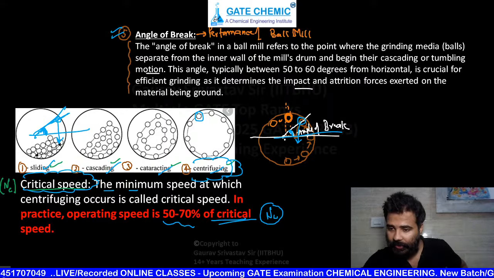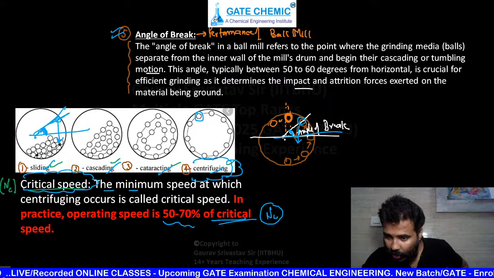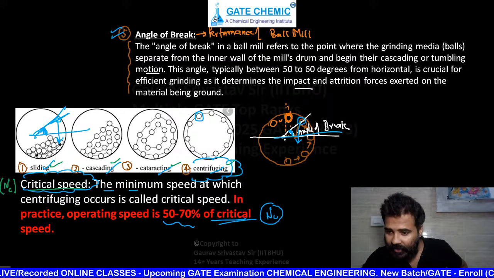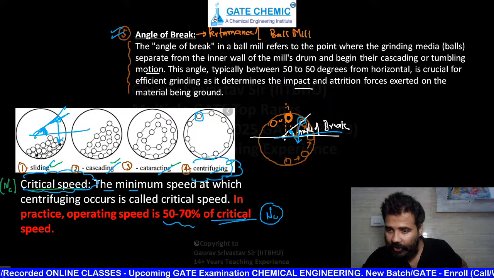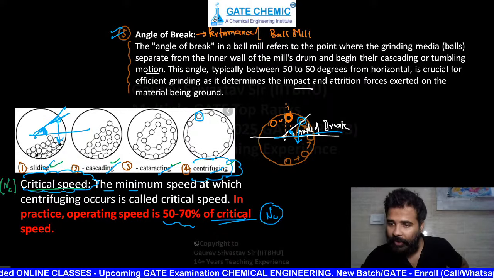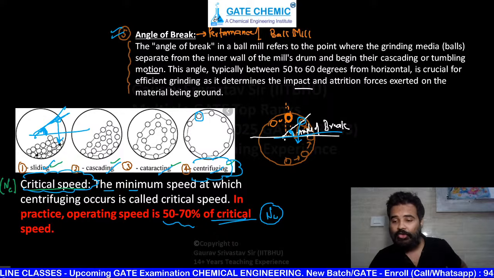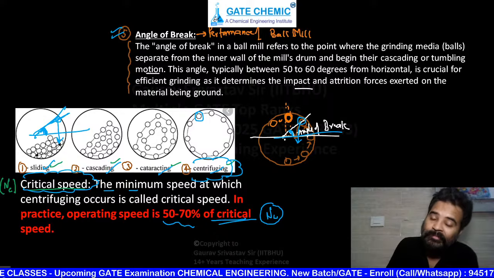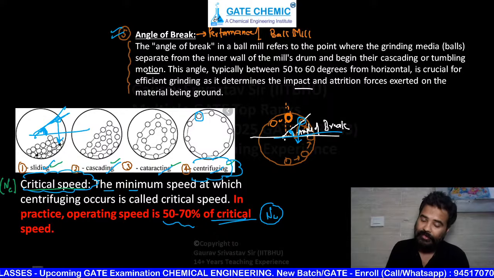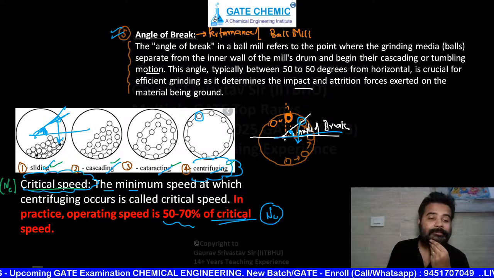Pintu, Pranjal, be active in the comment section my dear students. Mohit, Shivanshu, Shabbir, everyone please tell me, is it crystal clear till now? No doubts at all? Can we proceed, my dear students?